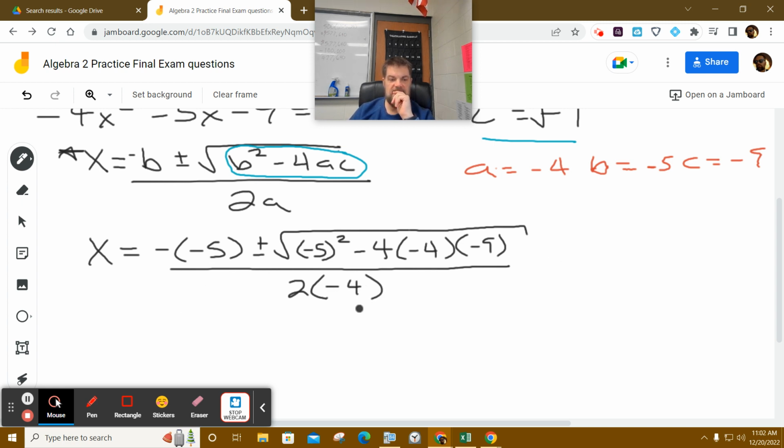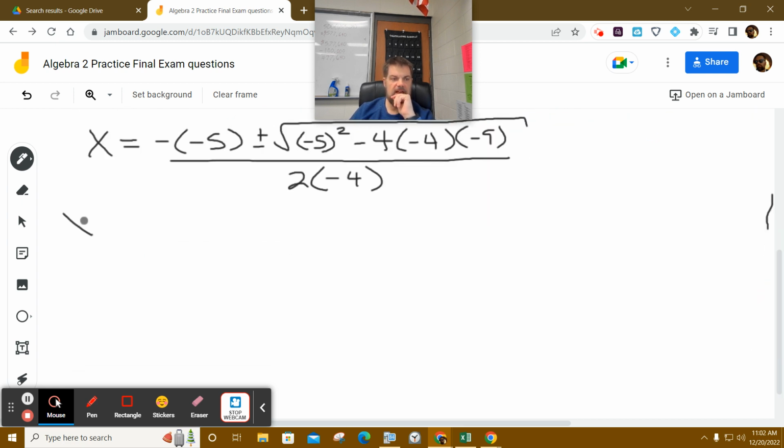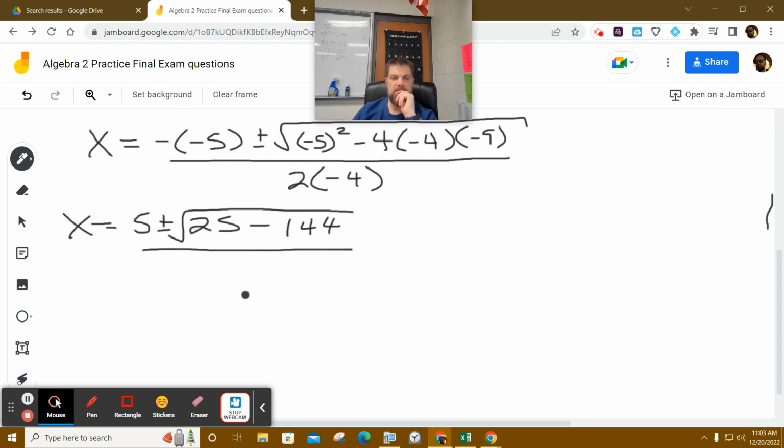So in the next line, I've got x is equal to 5 plus or minus the square root of 25, and -4 times -4 is +16, and +16 times -9 is -144, all over 2 times -4, which is -8.